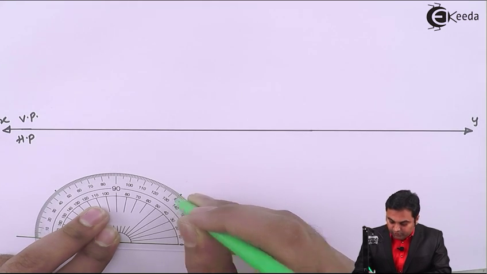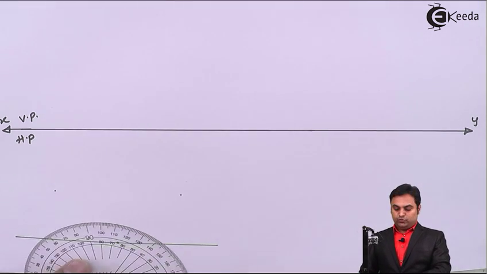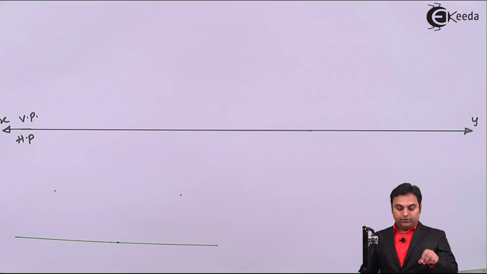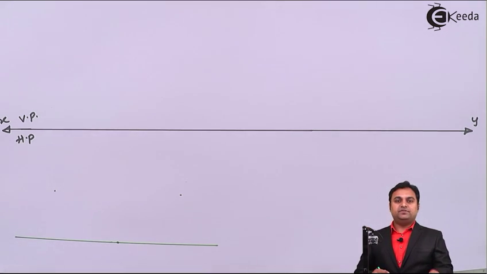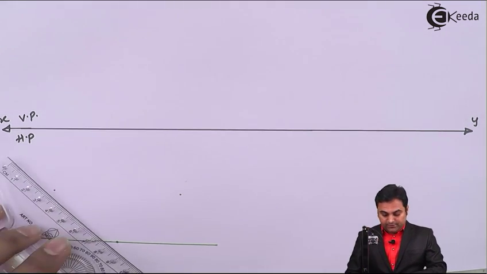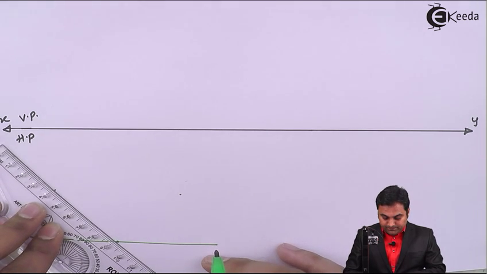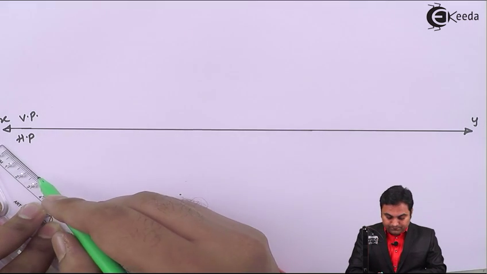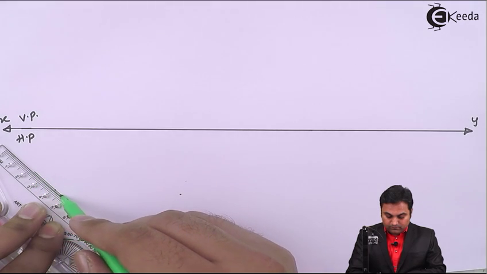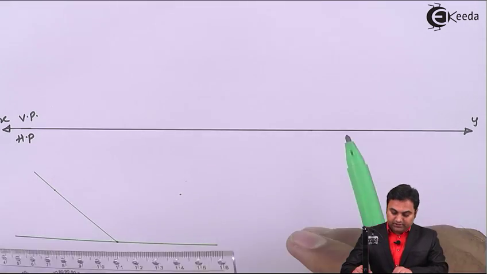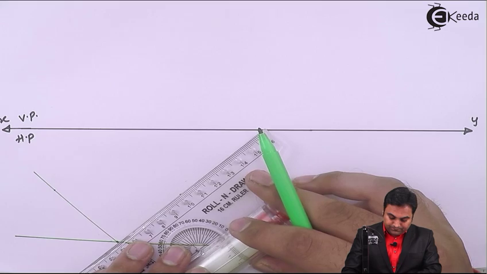Measuring 45 degree on both the sides, because the square edge which we are drawing, that is inclined, square prism is resting on its corner. Then I'll draw a light line from here. Similarly, a light line from here.